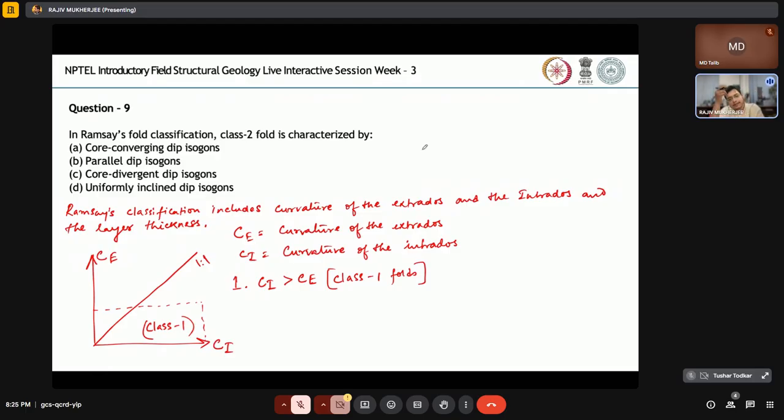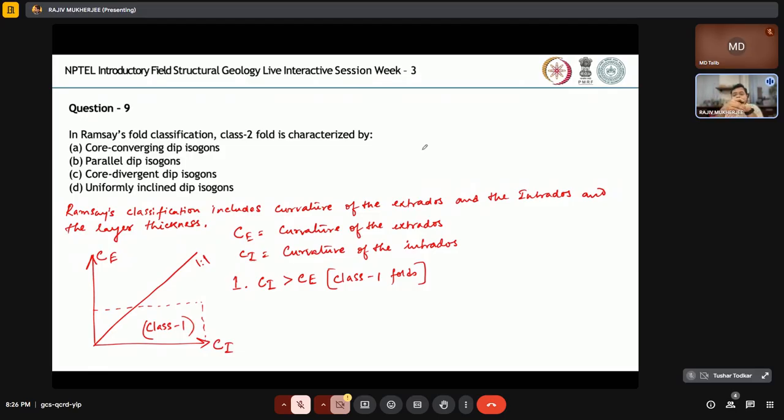So in a previous question we already attempted to see that in case of a fold where the inner arc has less curvature than the outer arc, the dip isogons tend to diverge away from the axial plane towards the inner arc, right?